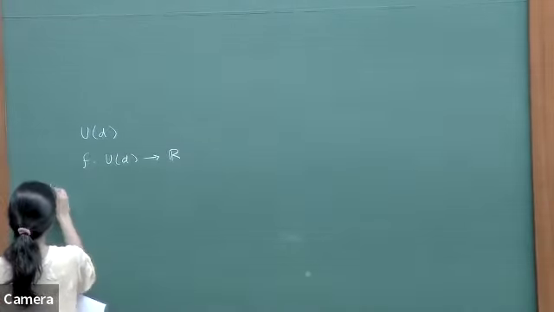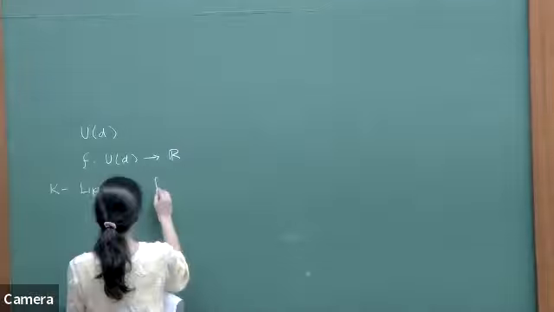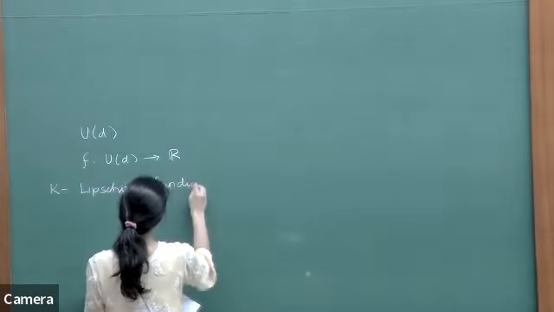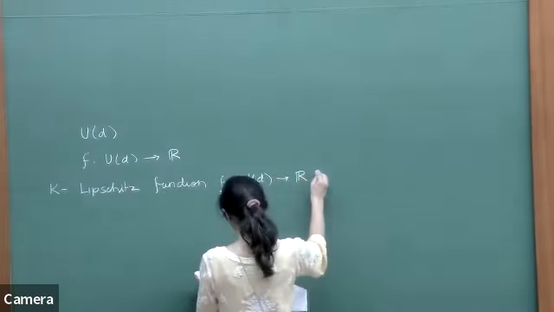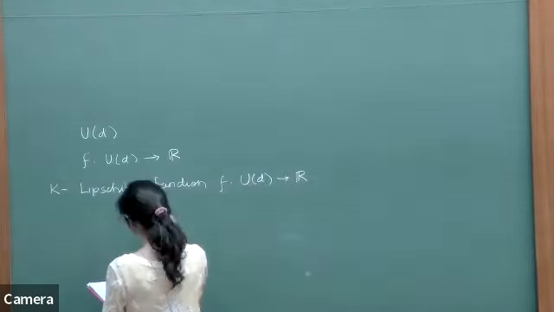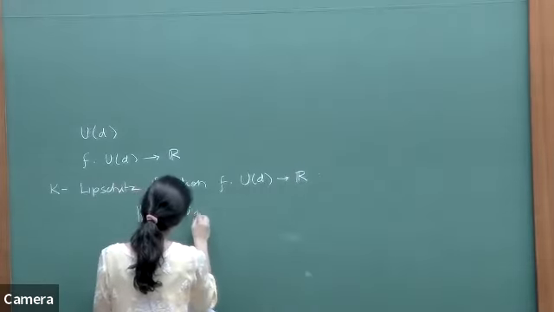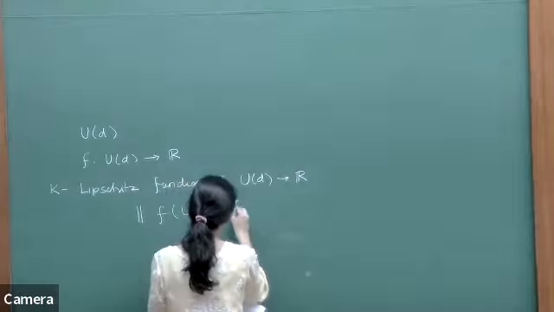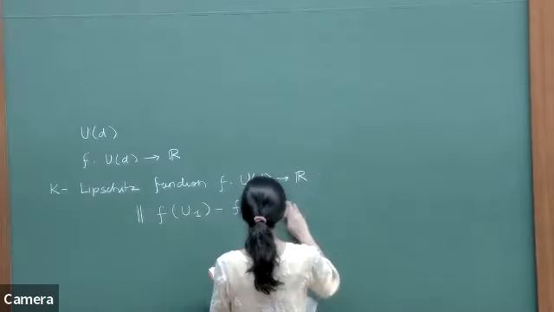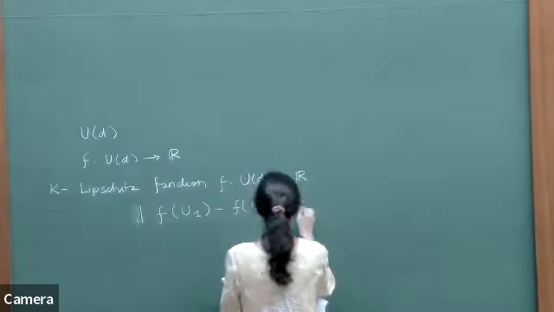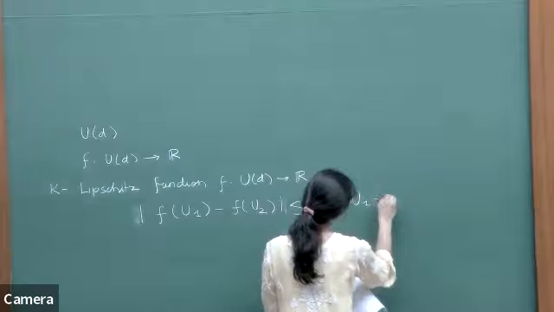We'll say that a kappa-Lipschitz function f from U(d) to R is one for which you have some continuity property, which is that the absolute value of f(U1) minus f(U2) is less than or equal to kappa times the L2 norm of U1 minus U2.